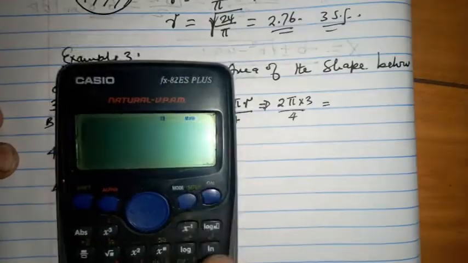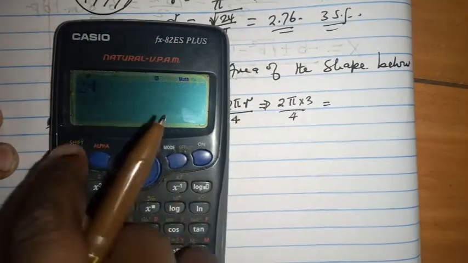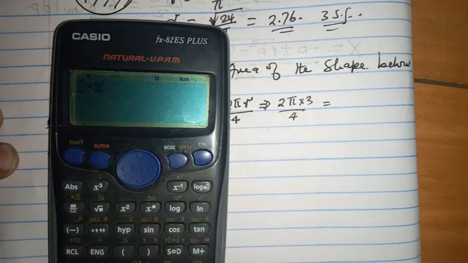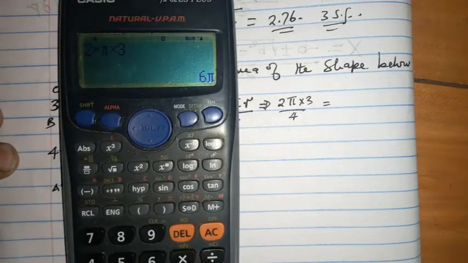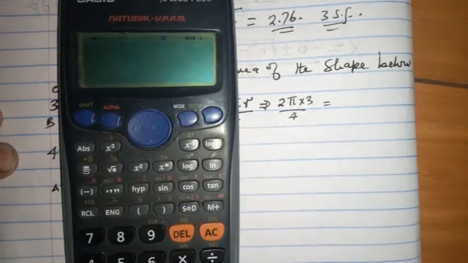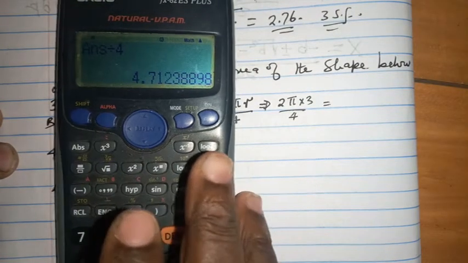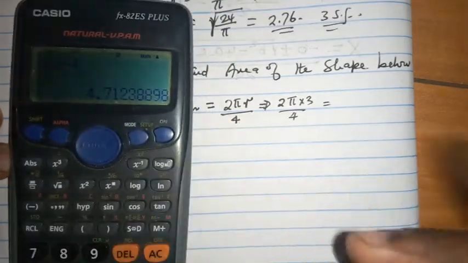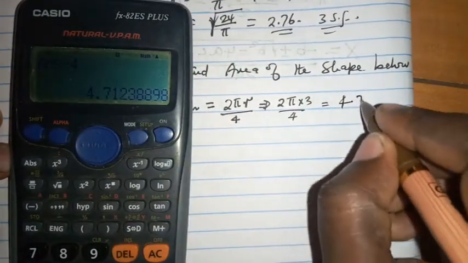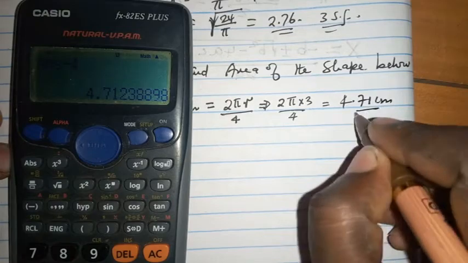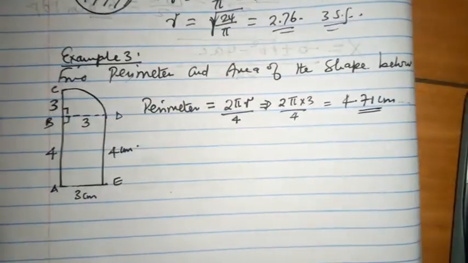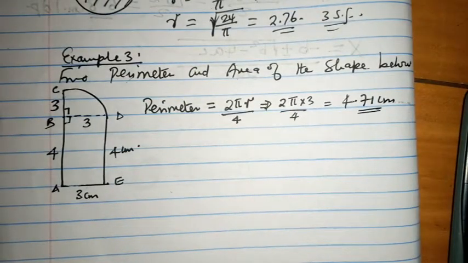Let's just calculate that. 2 times pi times 3 equals 6 pi, divided by 4. We have 3 over 2 pi, which is basically 4.71 centimeters.